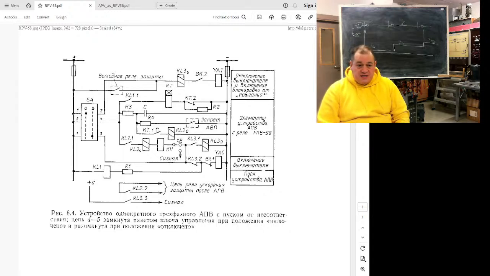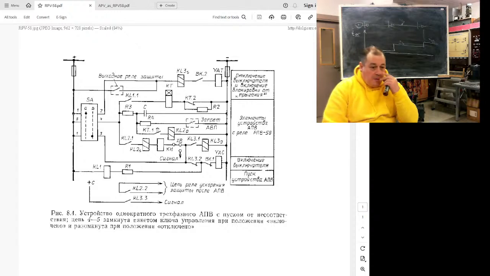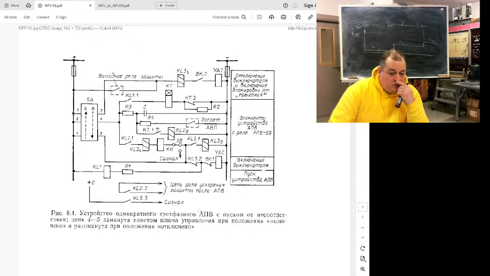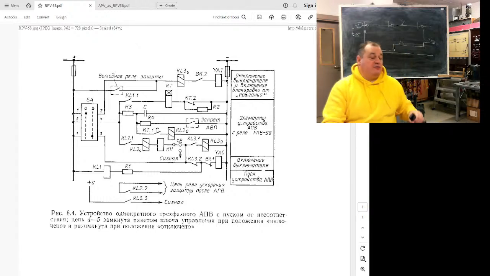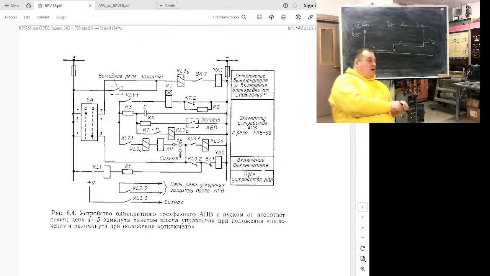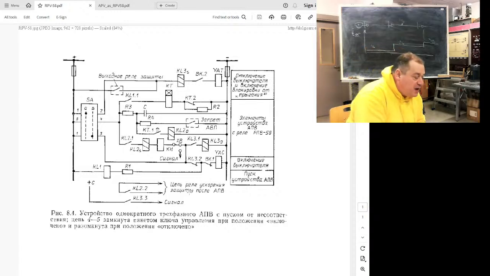Also, what's here? One more interesting thing. What I would like to say, for example, we have an idiot on duty. And what happens? We have a persistent fault, for example, an earth link left on the line.